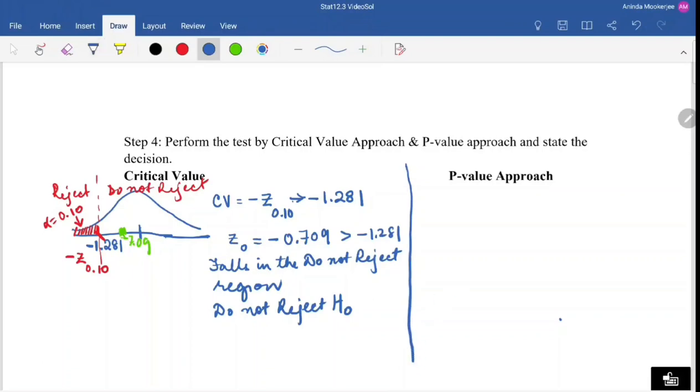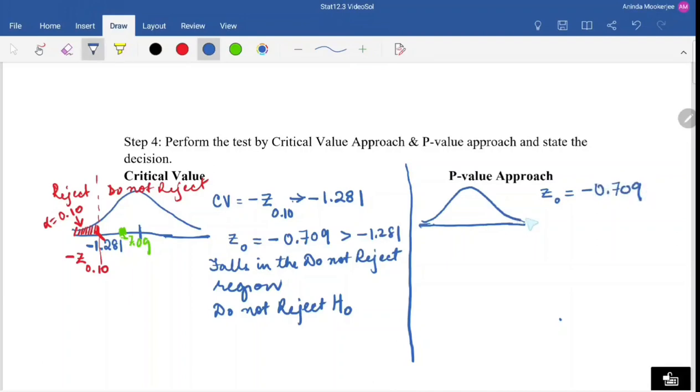Let's see if we arrive at the same decision using the p-value approach. For the p-value approach, we first again draw our curve, but this time there's no reject or do not reject region that we need to show. We have to just bring our test statistic value, which was z sub 0 equals negative 0.709.